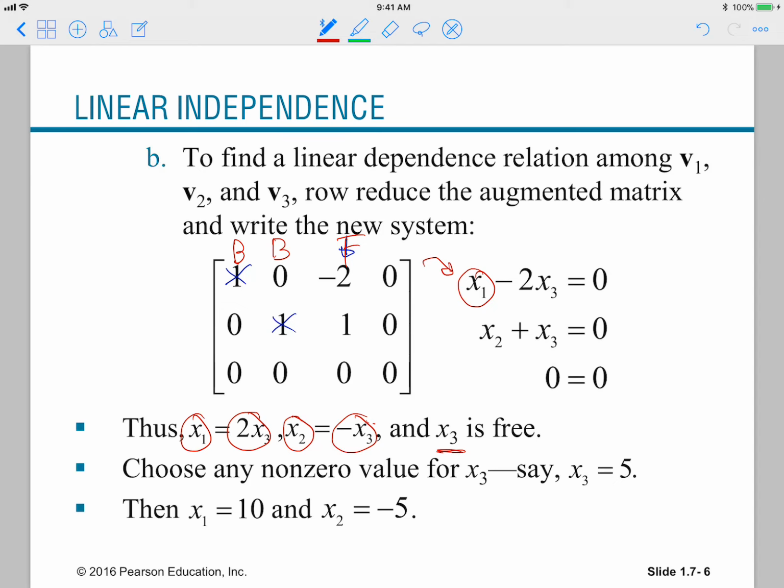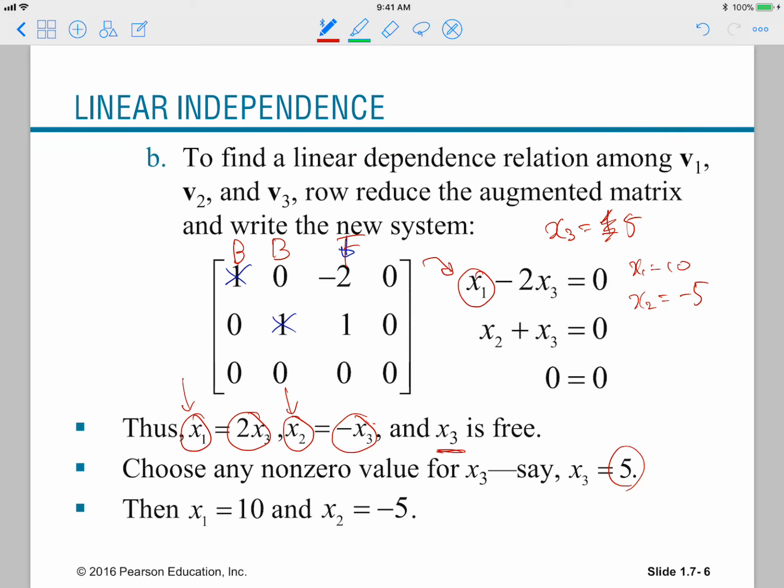Okay, in this case, let's just set x3 as 1, for example, or in this case, let's set x3 as 5. Then what will be x1 and x2? x1 will be 10, x2 will be -5, right?